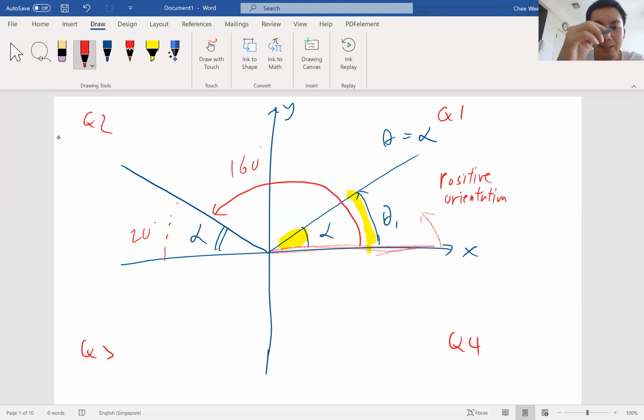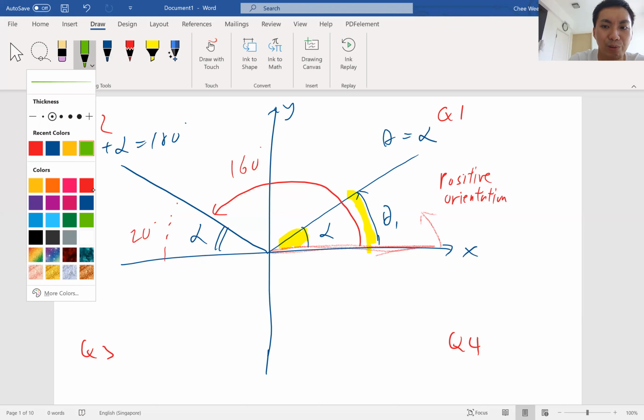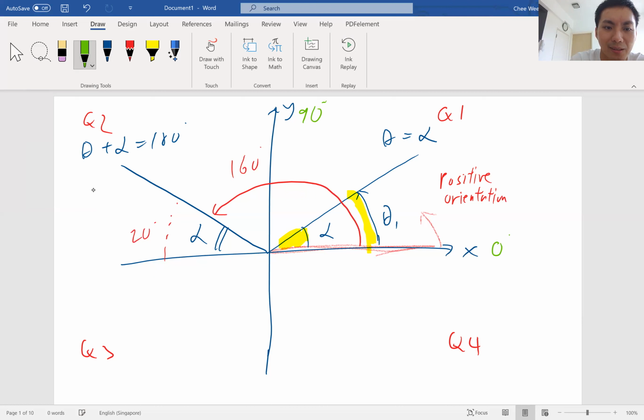So in Q2, the relationship between theta and alpha is as such: theta plus alpha is equal to 180 degrees. So from there, we can actually calculate alpha, given a Q2 angle. But before that, you also need to have a skill of understanding when is the angle Q1, Q2, Q3, Q4, right? So remember, this is 0 degrees, 90 degrees here, 180 degrees here, 270 degrees here, okay?